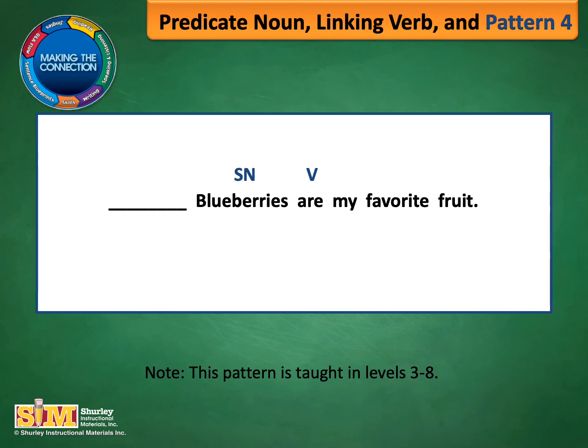Verify the noun. Does fruit mean the same thing as blueberries? Yes. Fruit. Predicate noun. Are. Linking verb. What kind of fruit? Favorite. Adjective. Whose fruit? My. Possessive pronoun adjective. Subject noun, linking verb, predicate noun, pattern 4 skill check.